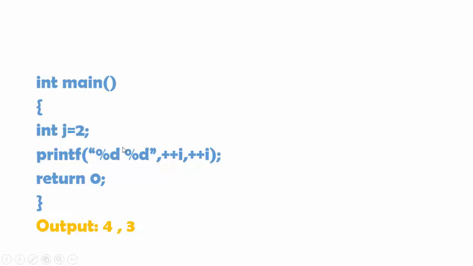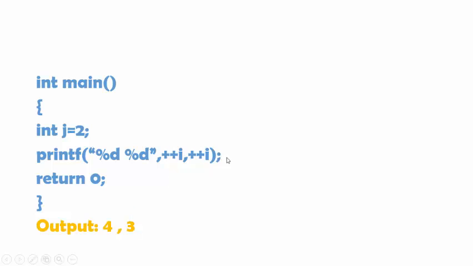Now let's see one example application of increment and decrement. Here in this case, a simple C program, the value of j is equal to 10, which is an integer. printf %d comma plus plus j comma plus plus j, it returns 0 as the output.